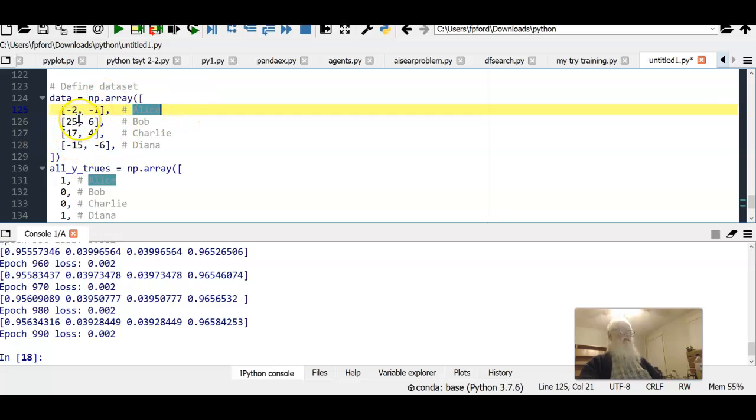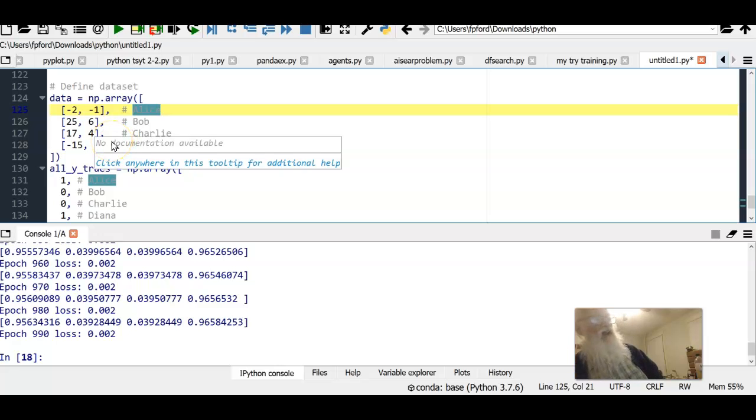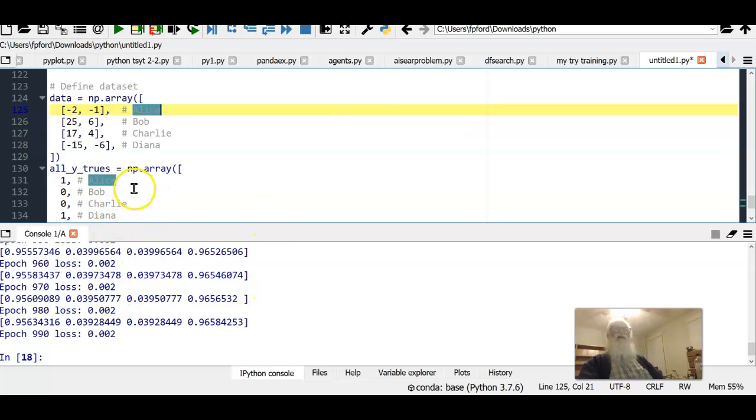So for Alice, it was -2, -1. For Bob, it was 25 and 6. These were the answers. 1 represented a female and 0 represented a male. So we're giving the machine an array of the characteristics that it's getting in, its inputs, and we're giving the program an array of the correct answers.